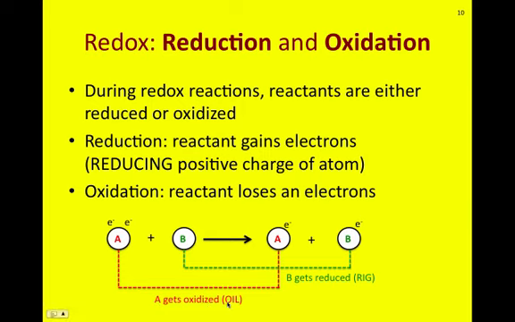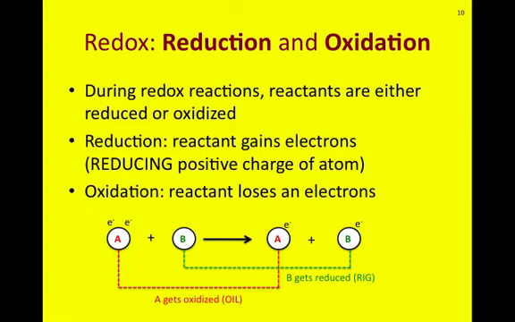A good way to remember this is the word OIL: oxidation is losing an electron. On the opposite, compound B gets reduced. You see, it starts off neutral, no positive or negative charge at all. When the reaction occurs, compound B, now the product over here, is reduced. It now has 1 electron, an electric charge.